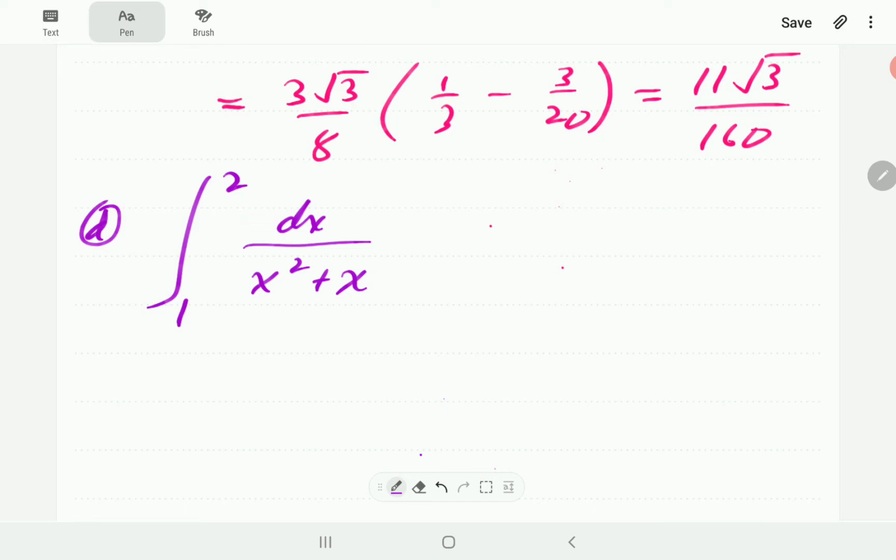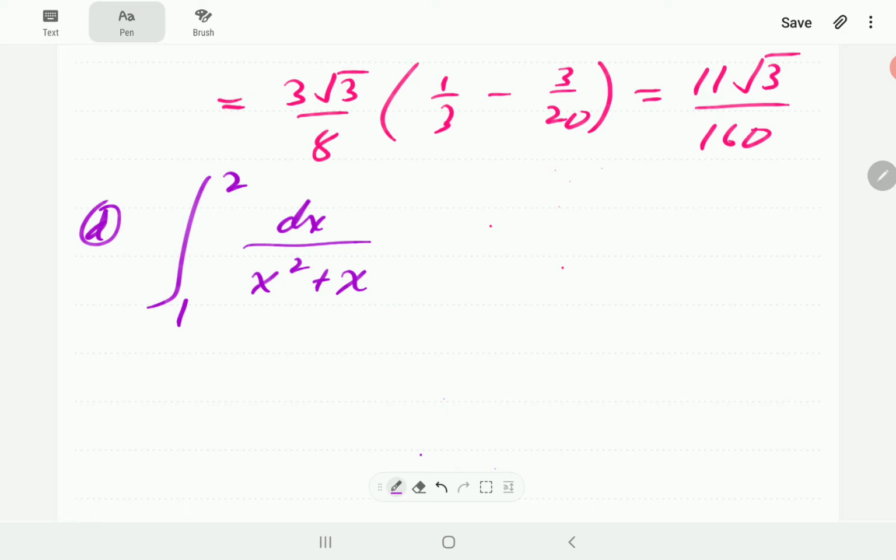So for a polynomial over another polynomial, we've got partial fractions. So the next question becomes, is this factorable? And in this case, this is factorable. So then indeed we can go for partial fractions. However, since this is quadratic, we could also complete the square and then use a trigonometric substitution.